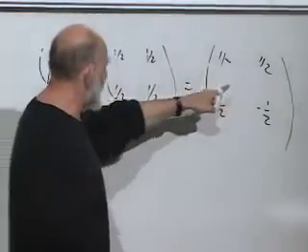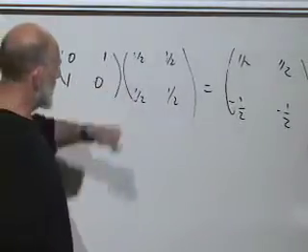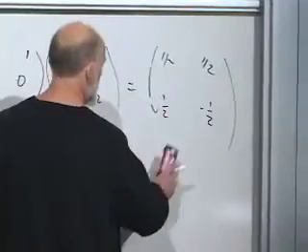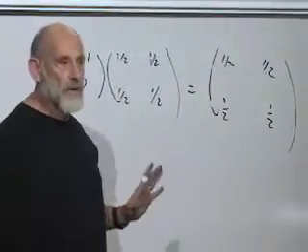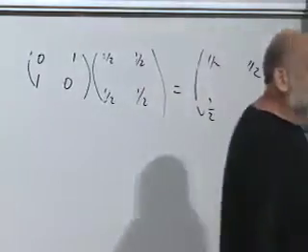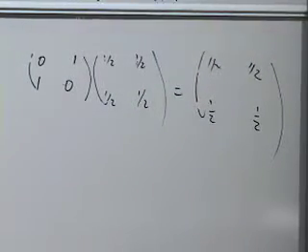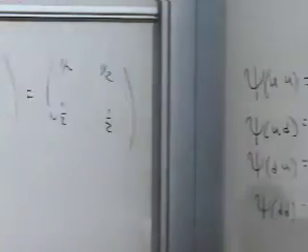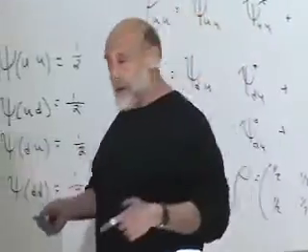Everybody's a half, right? And the trace is equal to 1. So the expectation value of sigma 1 is 1. The expectation value of the other sigmas is 0. This is a pair of spins that happen to both be lying along the x-axis.